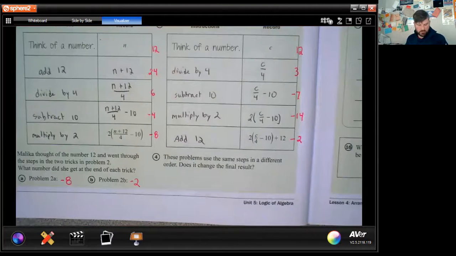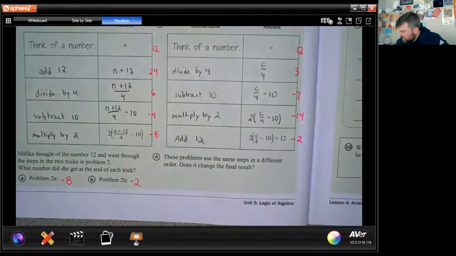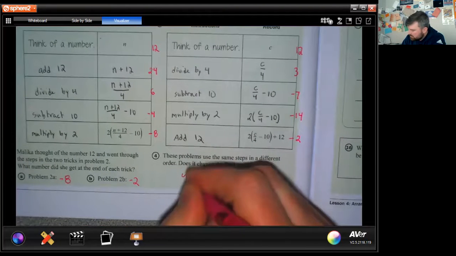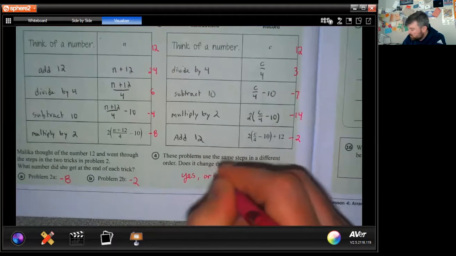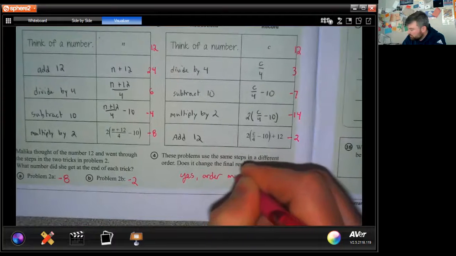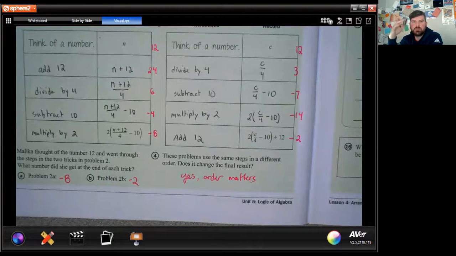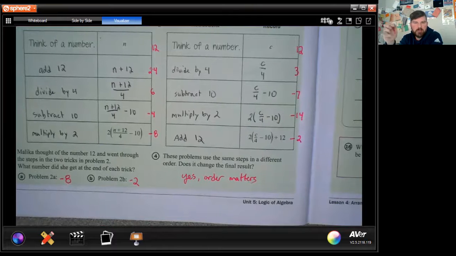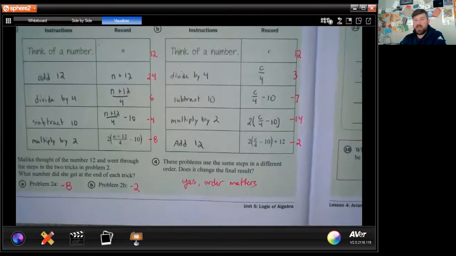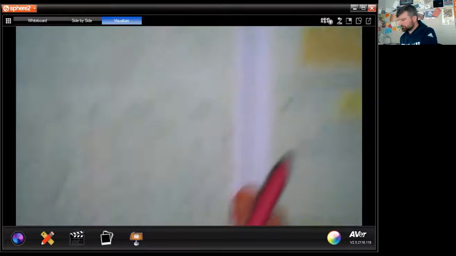So we got a couple different answers there. These problems use the same steps in a different order. Does it change the final result? Yes. Order matters. The order in which you do things really matters. That's why when solving an equation, you have to do things in the right order. That's why we have order of operations.